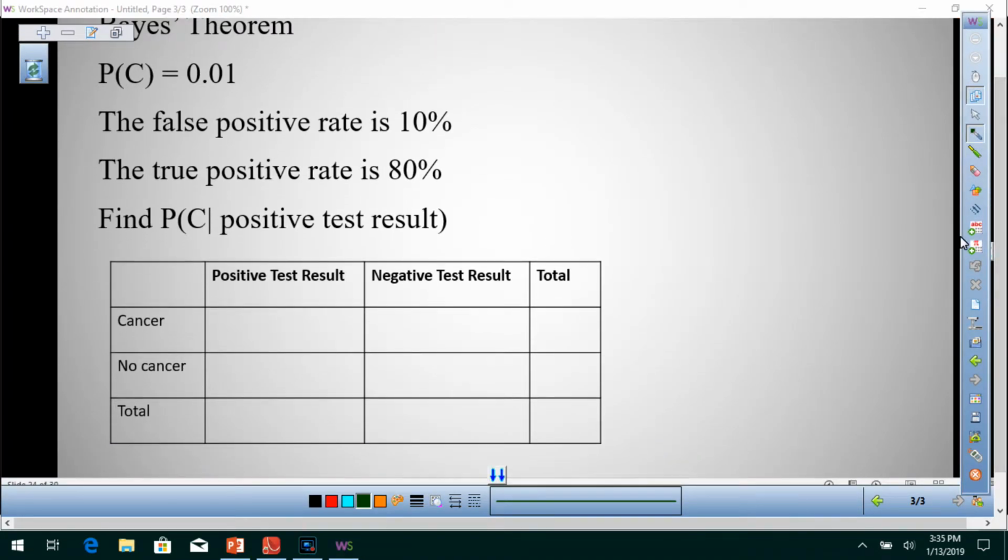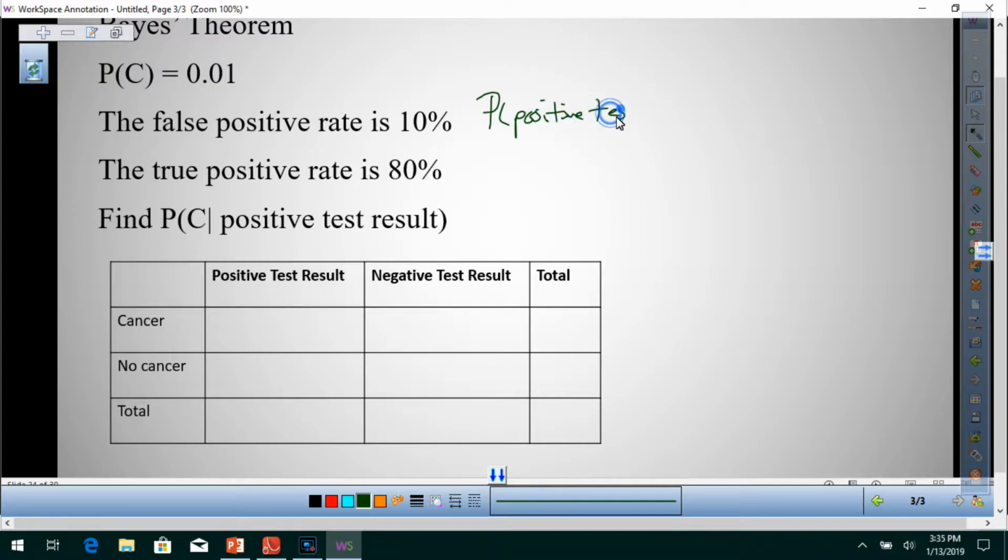All right, so the probability of cancer is 0.01. The false positive rate is 10%. That is, the probability of a positive test result given that cancer is not present. So false positive is the probability of a positive test result given no cancer.